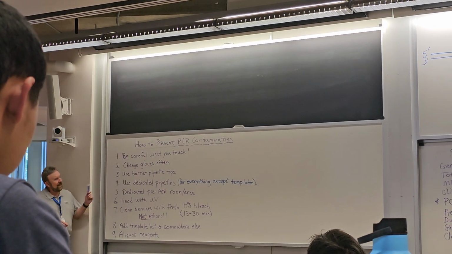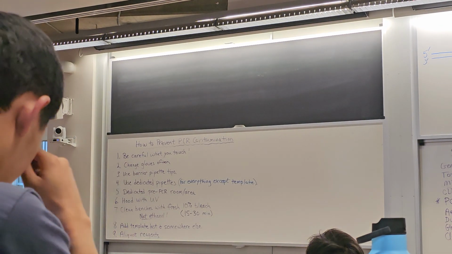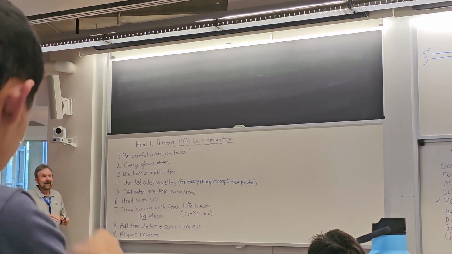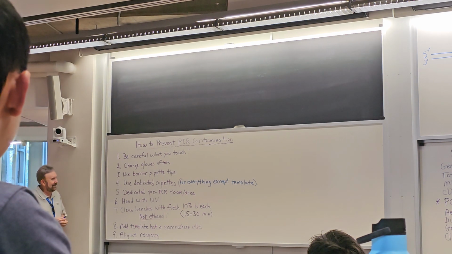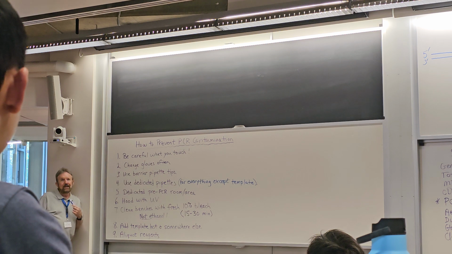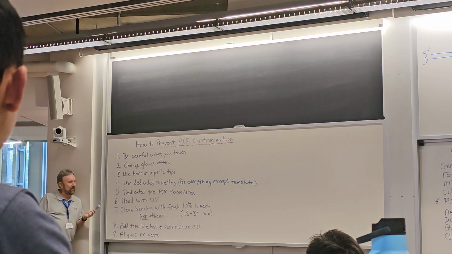Now, in that pre-PCR area, you're going to keep things really clean. And the way you're going to keep things really clean is you're going to use bleach. 10% bleach is ideal. Not all bleach is apparently created equal. And so here in the U.S., we have access to Clorox bleach.